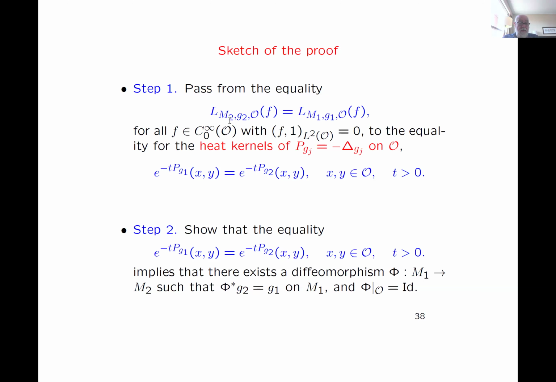So you get an additional extra time here, which seems not to be present here. So the heat equation is the same. And then from the heat equation being the same, we will show that the wave equation is the same. And then one applies the boundary control method developed initially by Belishev, Kurylev, and several other people to show that the metrics are isometric.